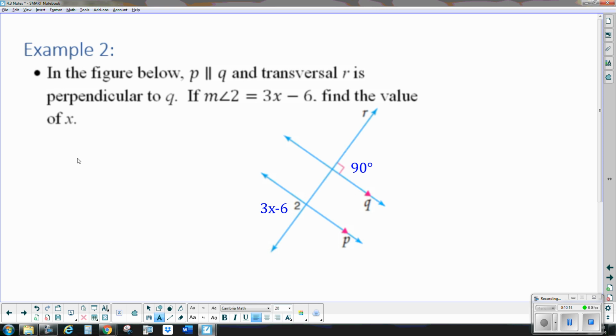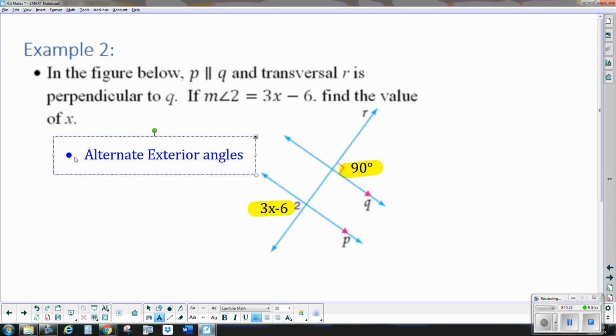So what's the relationship between this angle that measures 90 degrees and this angle, 3x minus 6? Well, these two angles are alternate exterior angles. And I know that Q and P are parallel, so they are congruent.